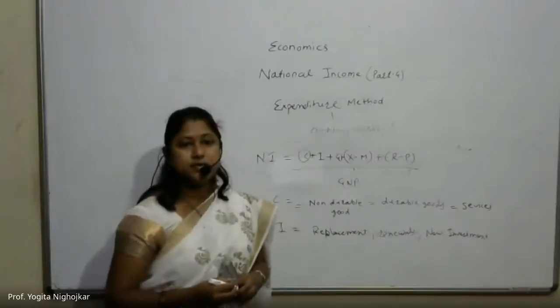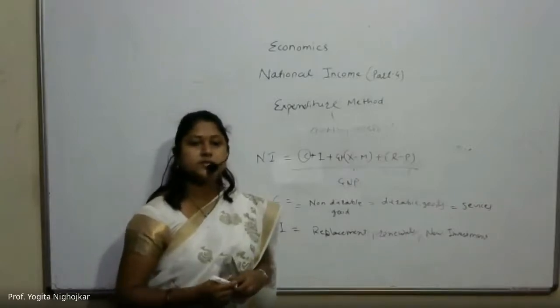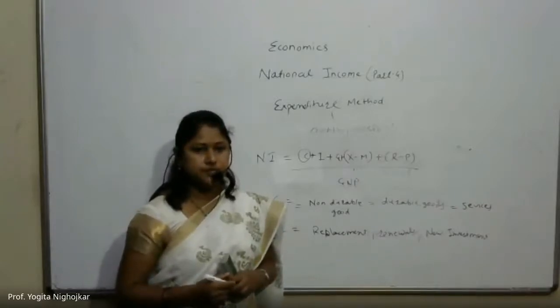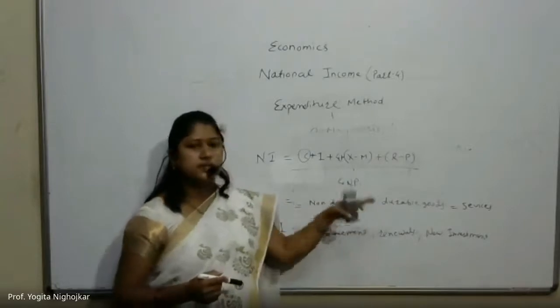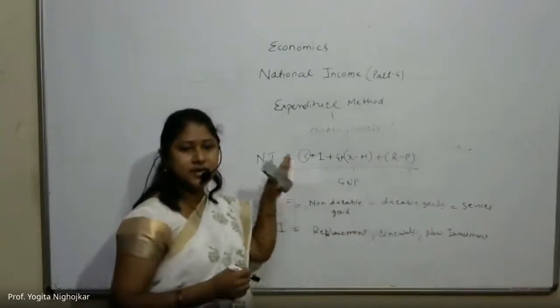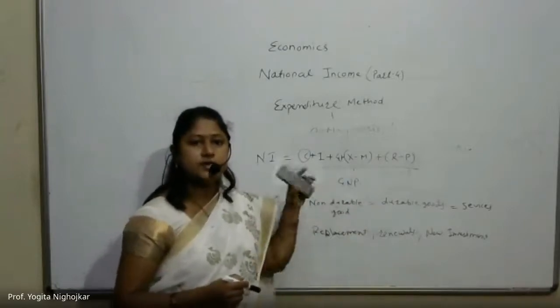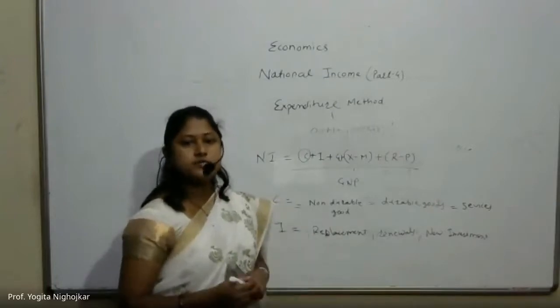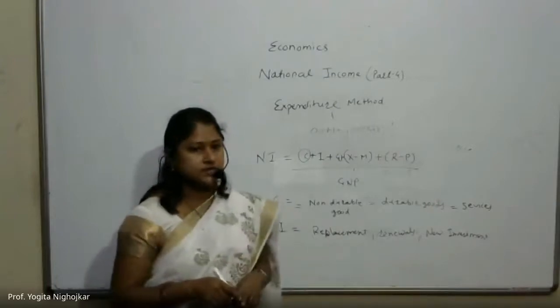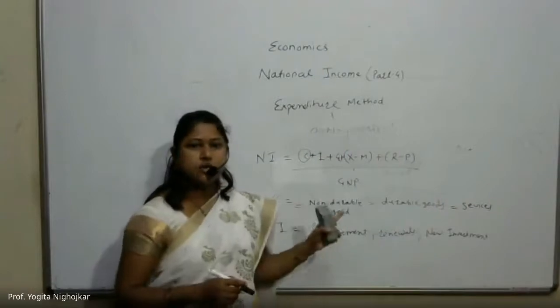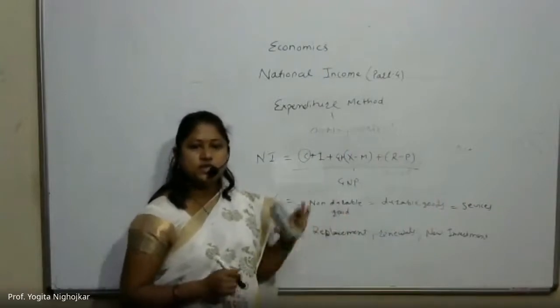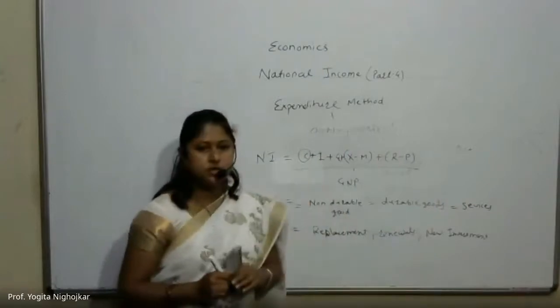Next is G, government final consumption and investment expenditure. It refers to expenditure on final goods and services by the government, like the purchase of goods for consumption by defense personnel.